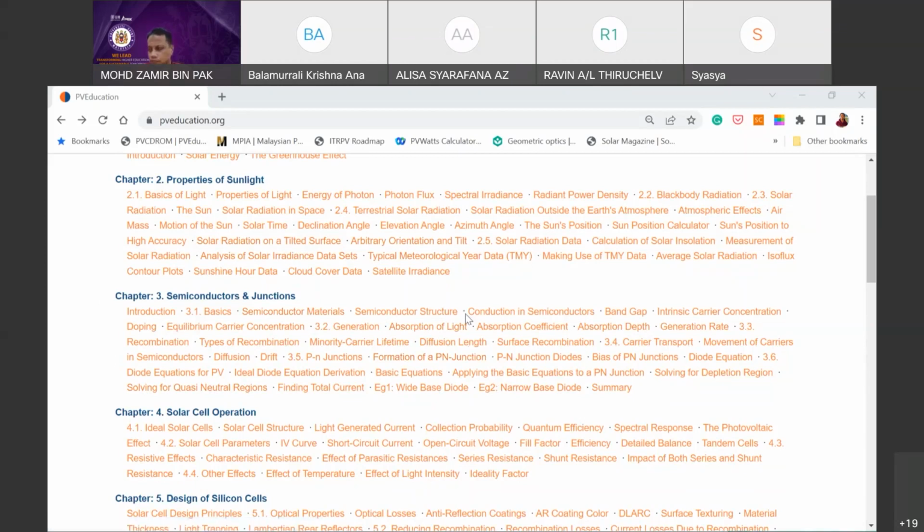these are the key topics that we're going to cover in the first part of our course, which is mainly for the physics or the semiconductor materials, right? So up to PN junction, quasi-neutral region, wide base, narrow base diodes and stuff.